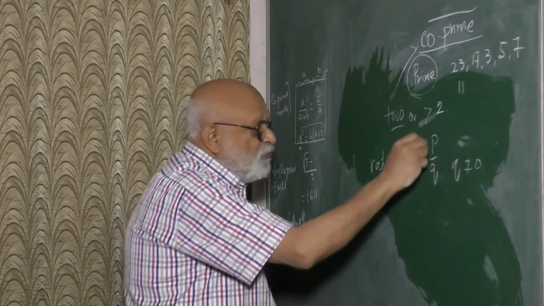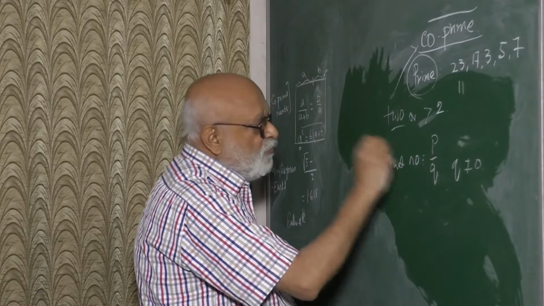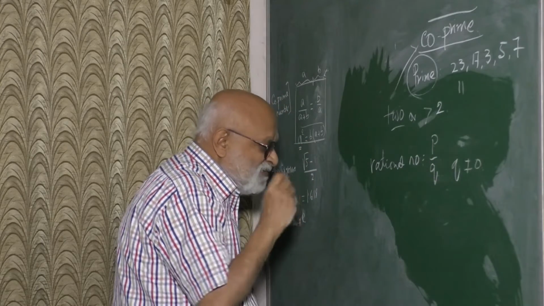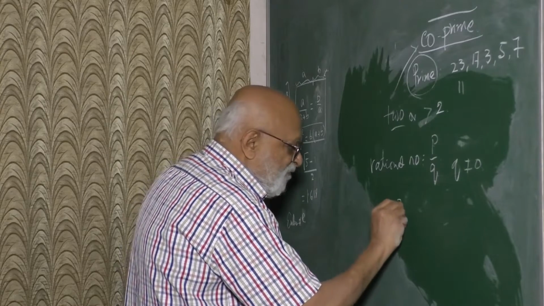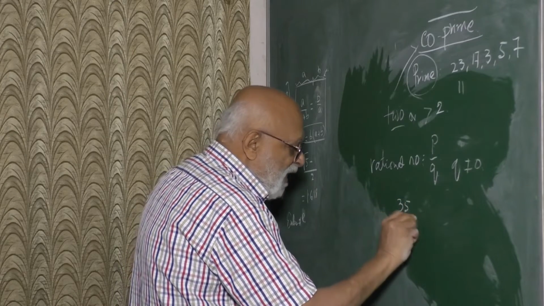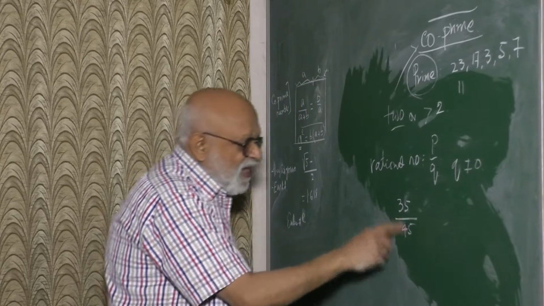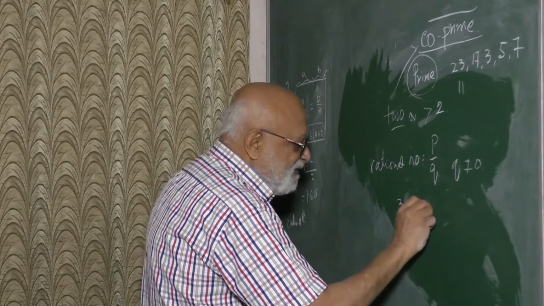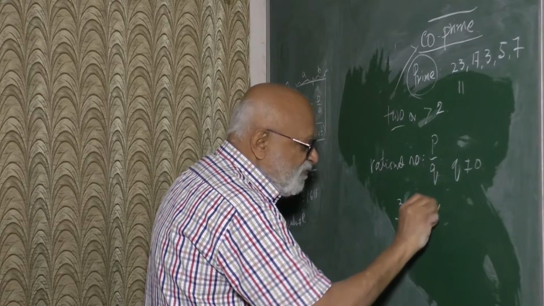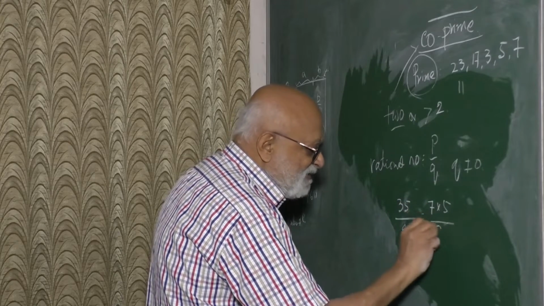So that means we have got 2 factors, and they should be co-prime. Now let us consider the fraction 35 by 45. Let's factorize both of them. This is 7 into 5 and this is 9 into 5.